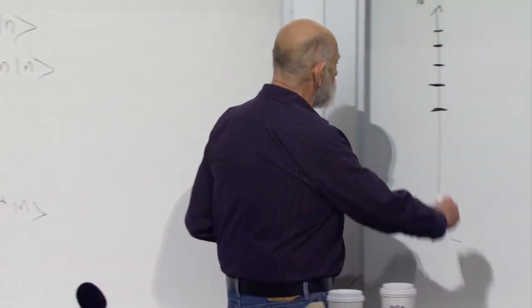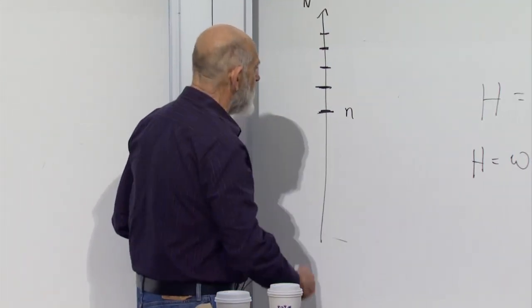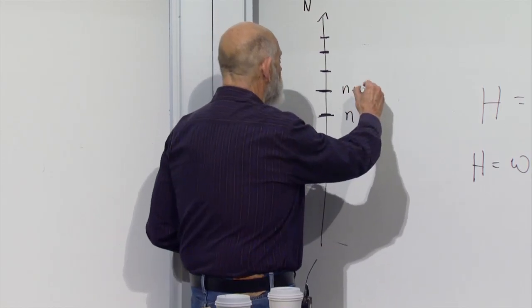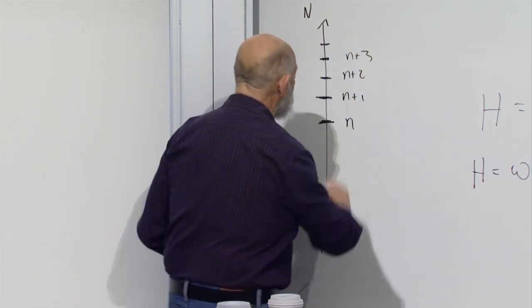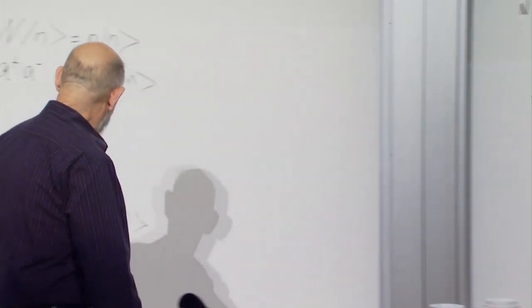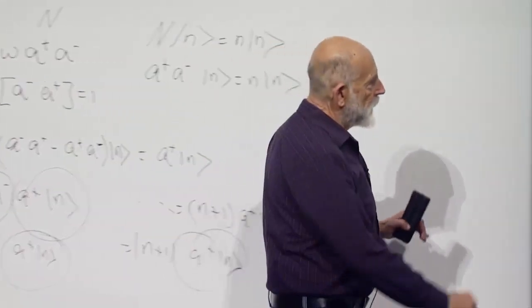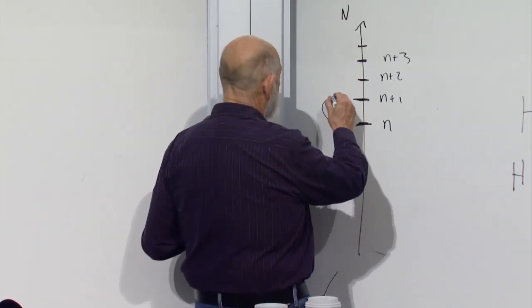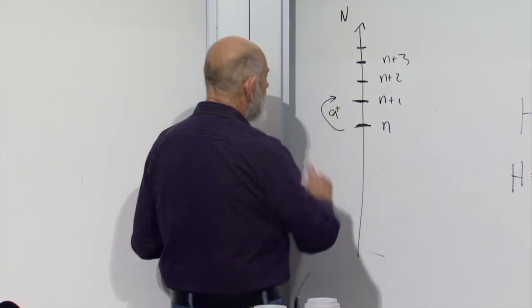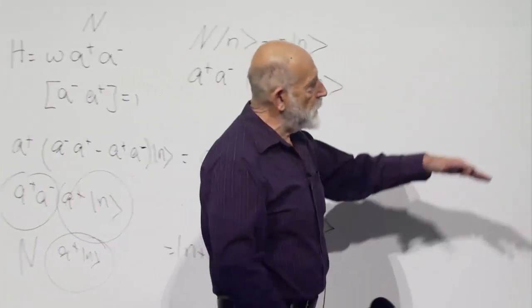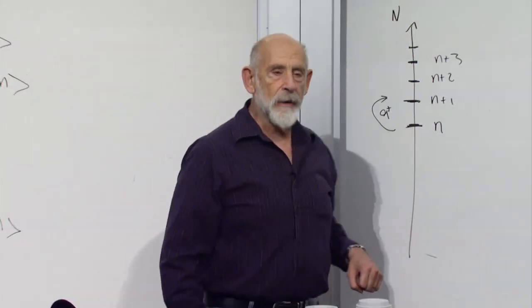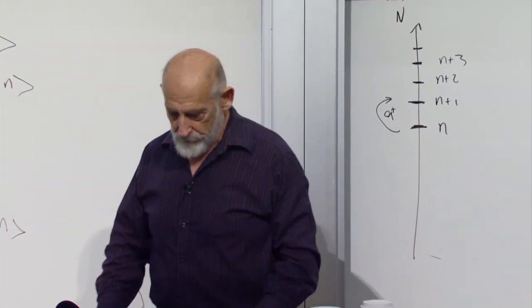So if I find a solution, an eigenvalue n, there'll be another one at n plus 1, another one at n plus 2, another one at n plus 3, and furthermore, you go from one to the other by applying the operator a plus. A plus takes you from an eigenvector with eigenvalue n to an eigenvalue n plus 1 and so forth.